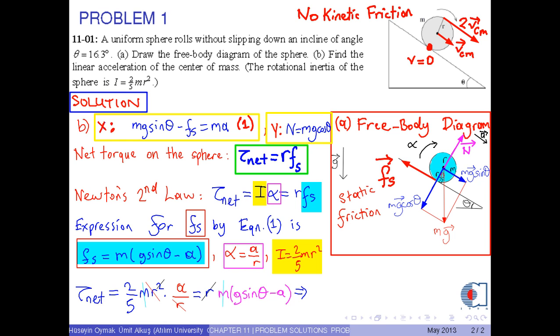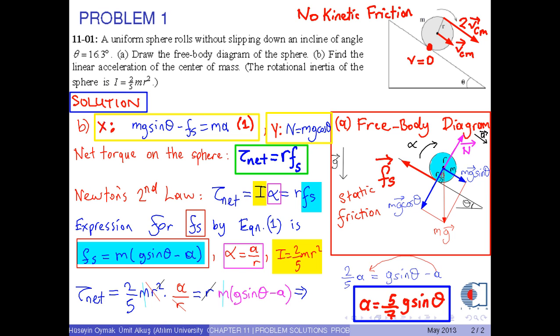After some cancellations, we obtain 2 over 5 times a equals g times sine theta minus a. From this equation, we obtain an expression for a as 5 over 7 times g times sine theta.